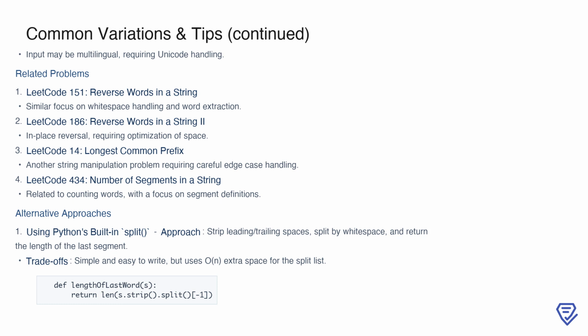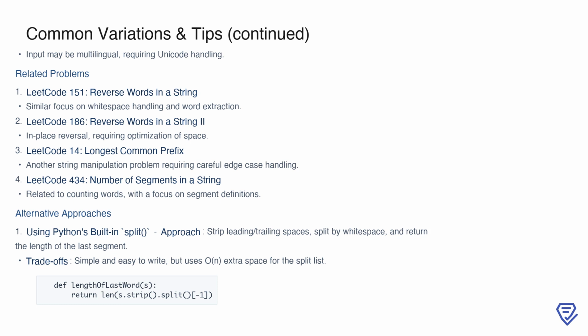Now, if you're looking to practice related problems on LeetCode, there are several worth exploring. For instance, Problem 151, Reverse Words in a String, focuses on whitespace handling and word extraction, which is similar to this problem. Problem 186, Reverse Words in a String 2, emphasizes in-place reversal, which requires optimizing for space efficiency.